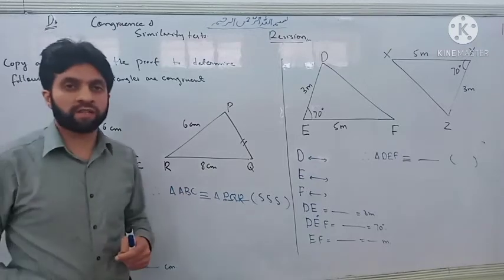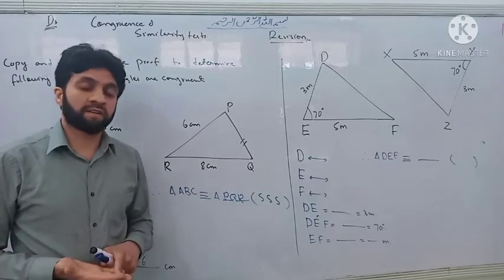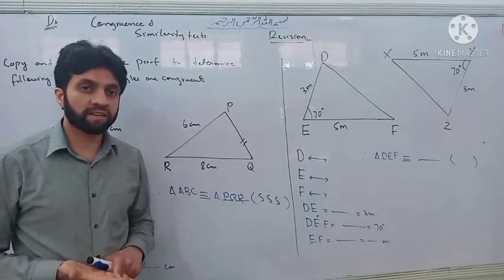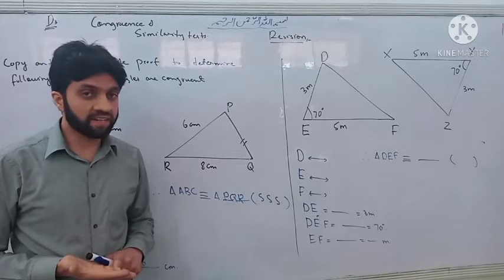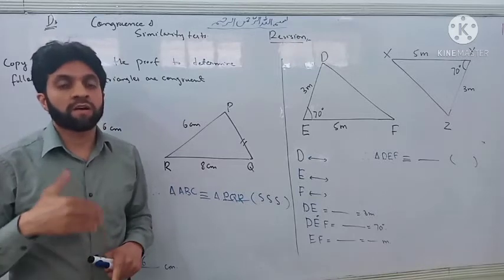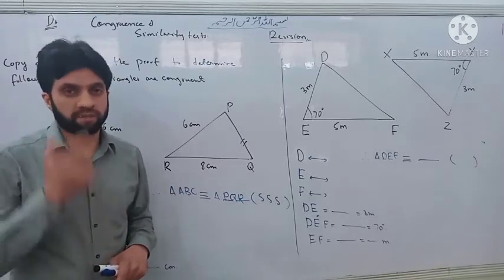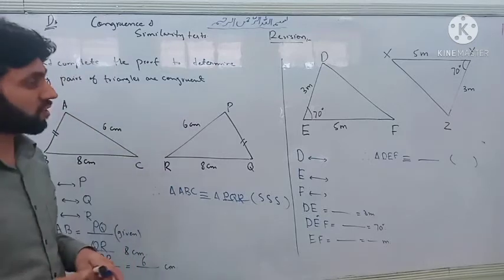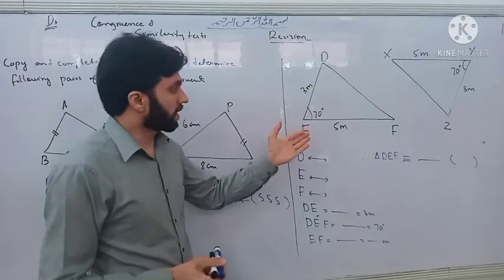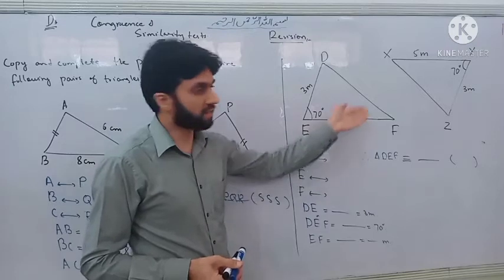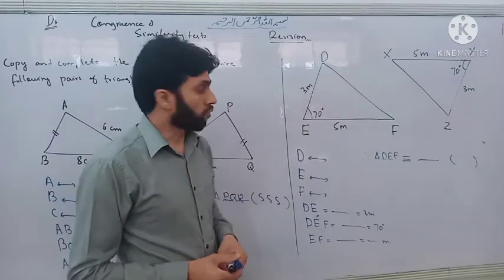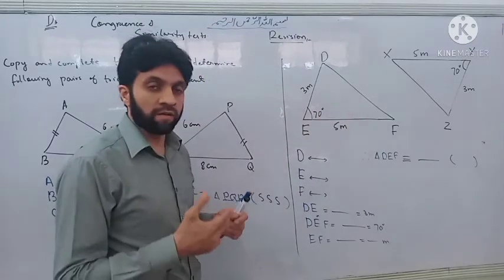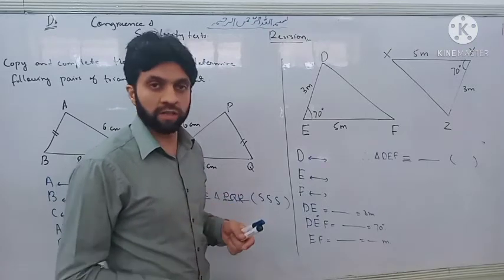Now the other three are left: SAS, side angle side; AAS, angle angle side; and RHS, right angle hypotenuse side. So which test can we apply in this question? We have to see the things labeled, mentioned in the question.